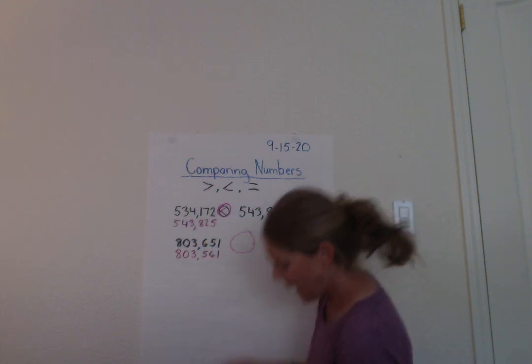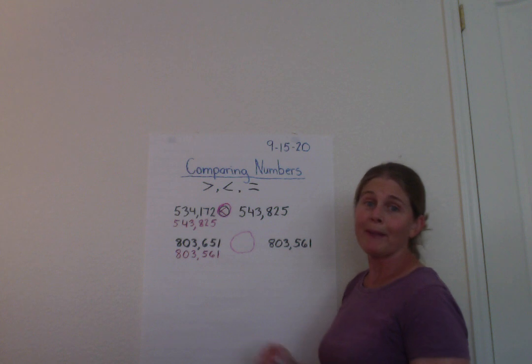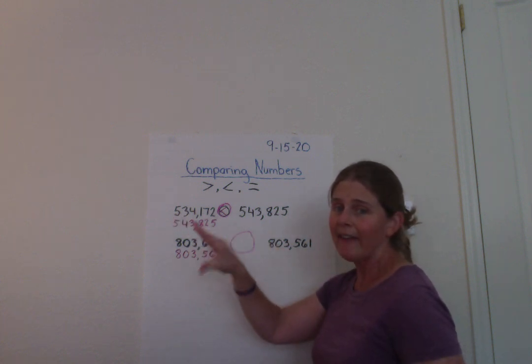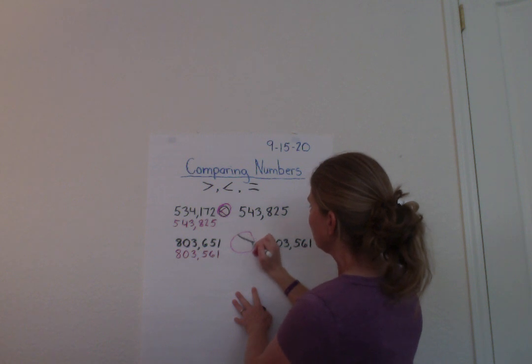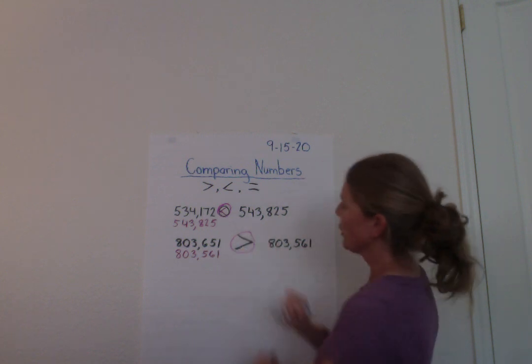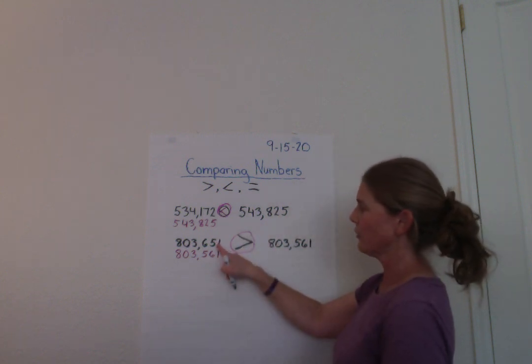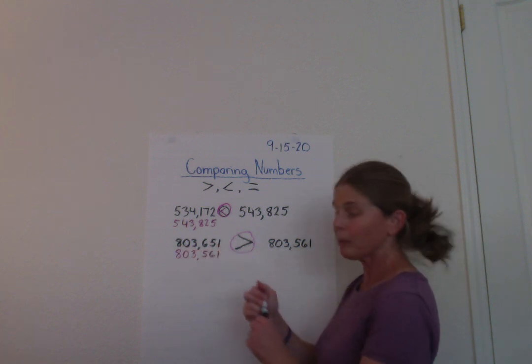Okay, so again, I know it's goofy, but that alligator eats the biggest number. So his mouth, her mouth, is going to go in the direction of the largest, and that was this. Okay, let's practice reading it.